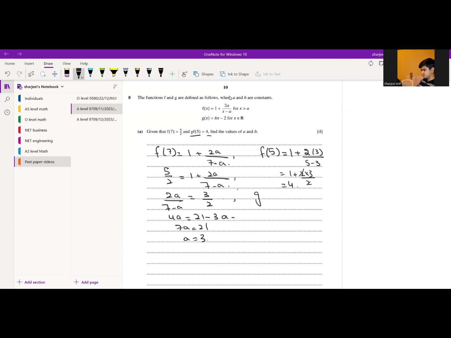So now we have to find the value of g of 4. If you substitute x equal to 4 in equation g, you will get 4b minus 2. That is equal to 4 as well. So 4b minus 2 equals 4. 4b will be equal to 6, and the value of b will be 3 by 2. That would be your answer.